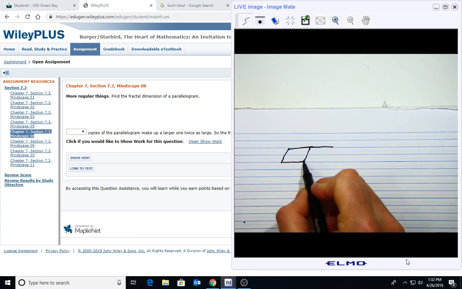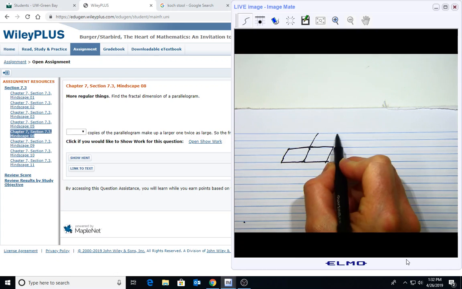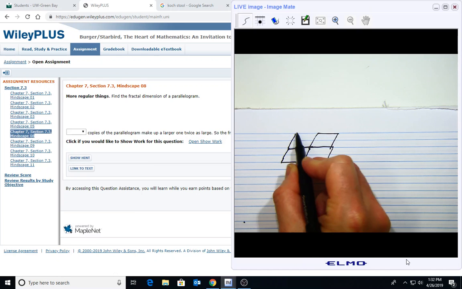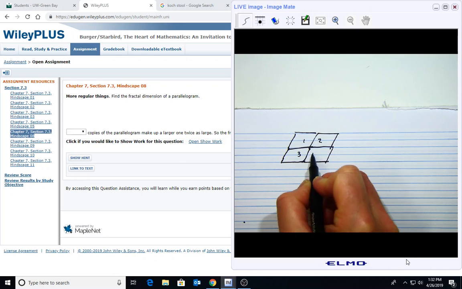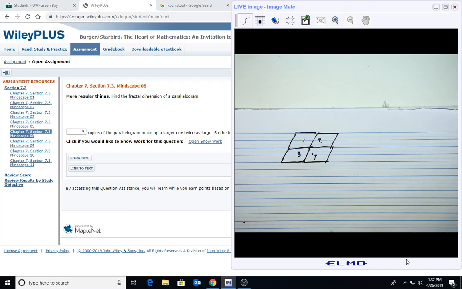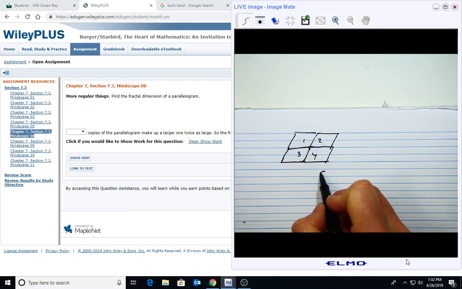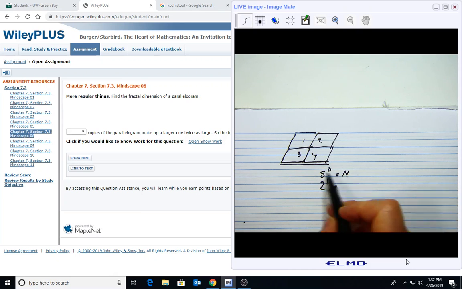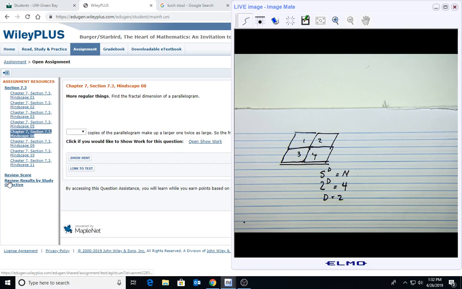So if I make 1, 2, 3, 4 copies, that makes a larger parallelogram. So you need 4 copies, and we had s to the d is n. So the scaling factor, this is now twice as wide. Scaling factor is 2. And the number of copies was 4. So the dimension is 2, which is what makes sense, right? It's 2 dimensions. So 4 copies to make the parallelogram twice as large.